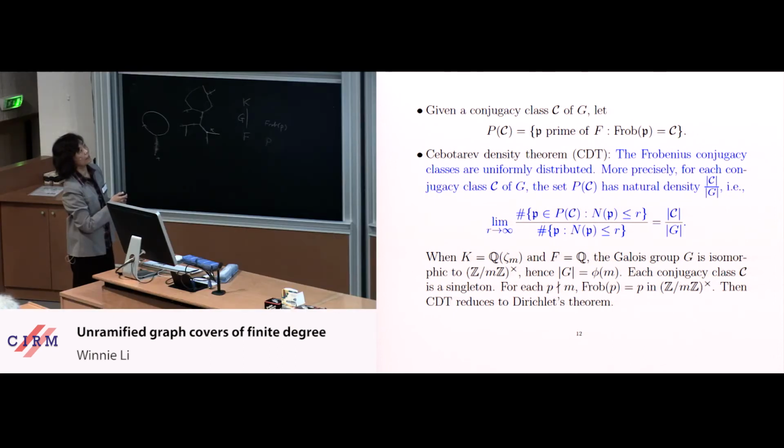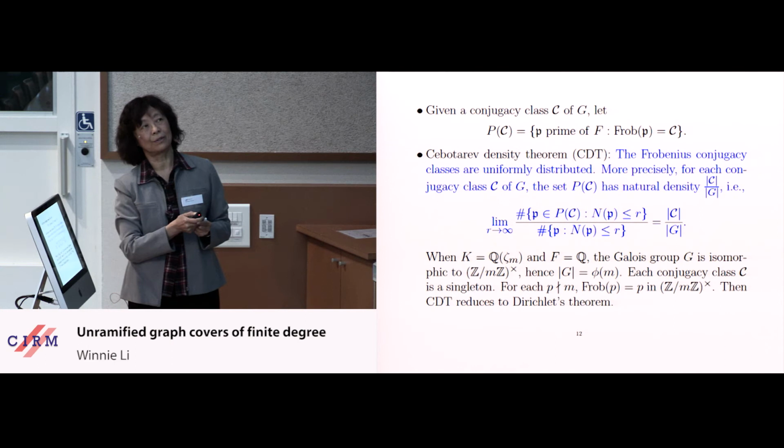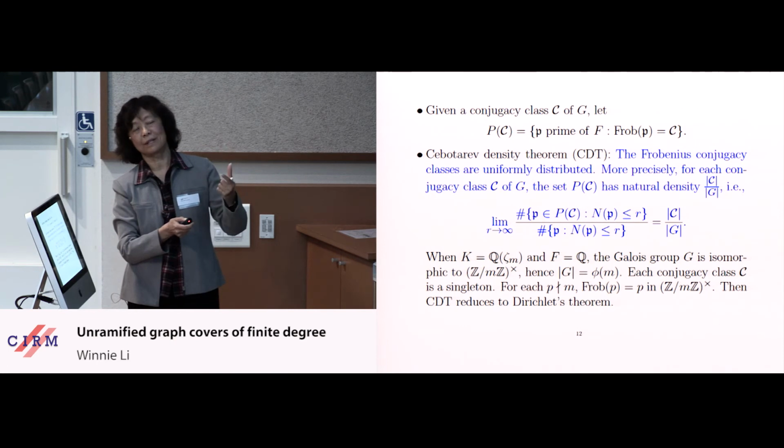That distribution is with respect to the natural density. Namely, we compare the number of primes in the set with norm bounded by R versus all primes with norm bounded by R. We look at this quotient and let R go to infinity, and the limit exists. And the limit is very nice. It's the size of C over the size of G.